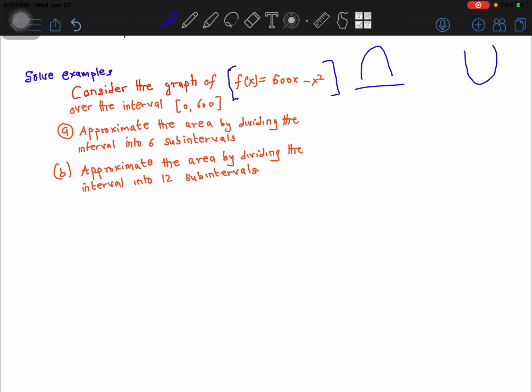But first of all, we don't know the turning point, and for a quadratic you need to know the turning point. How are we going to get it?